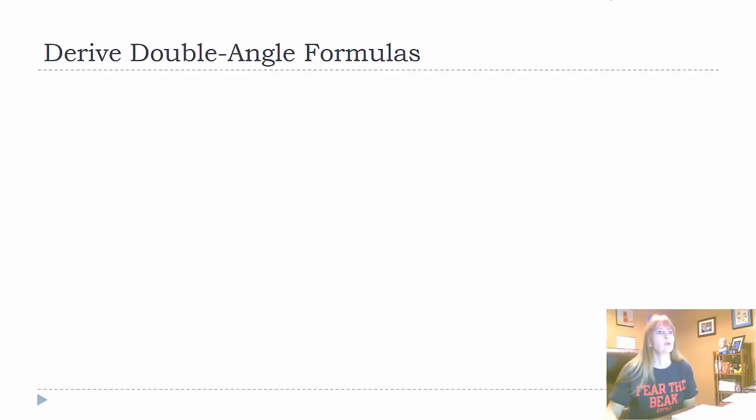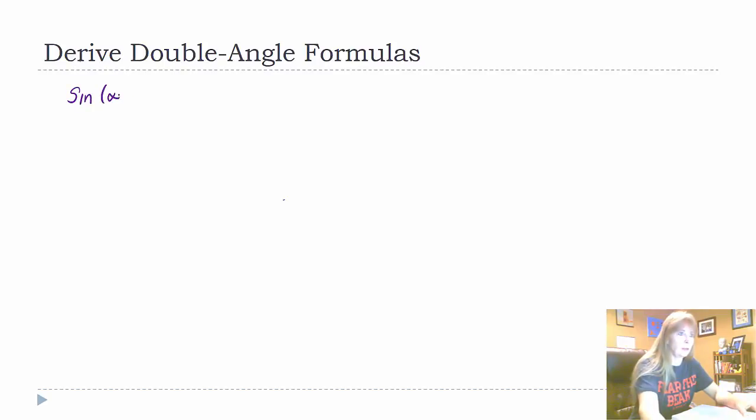So let's actually derive these, and we're going to use the sum formulas from the last section. So if I have sine of alpha plus beta, remember that was sine alpha cosine beta plus cosine alpha sine beta.